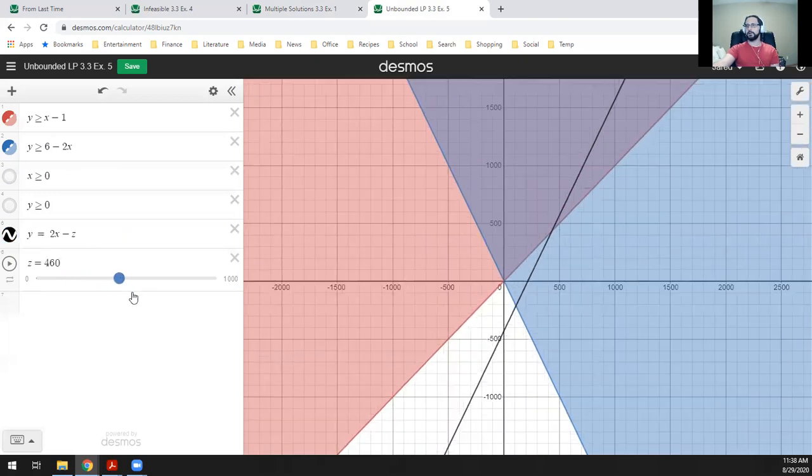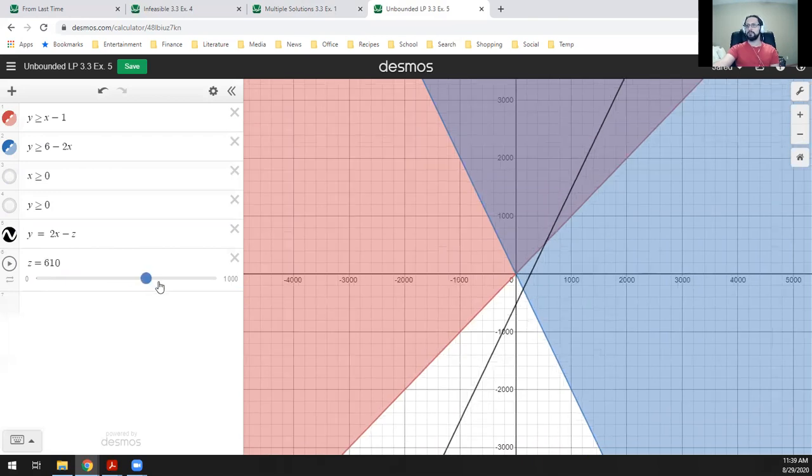I can continue to increase the value of z, the potential objective maximum, as much as I want. Since z can increase without bound, we call the LP unbounded.